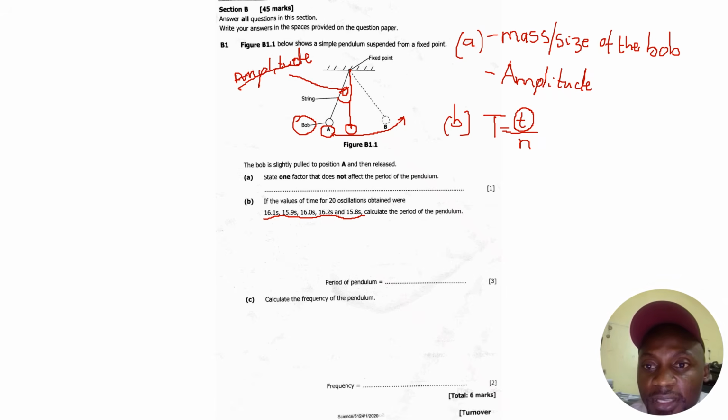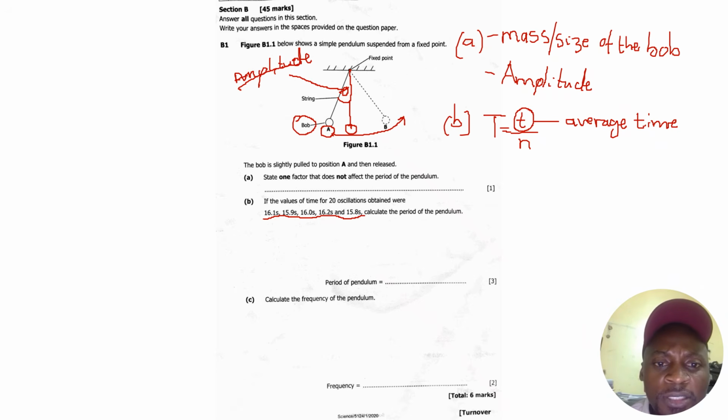So our T here, we need to find the average time. So how do you find the average time? We're going to add all the values of time and divide by 5. So meaning, for us to calculate the period, we'll calculate first the average time and divide the average time by the number of oscillations.